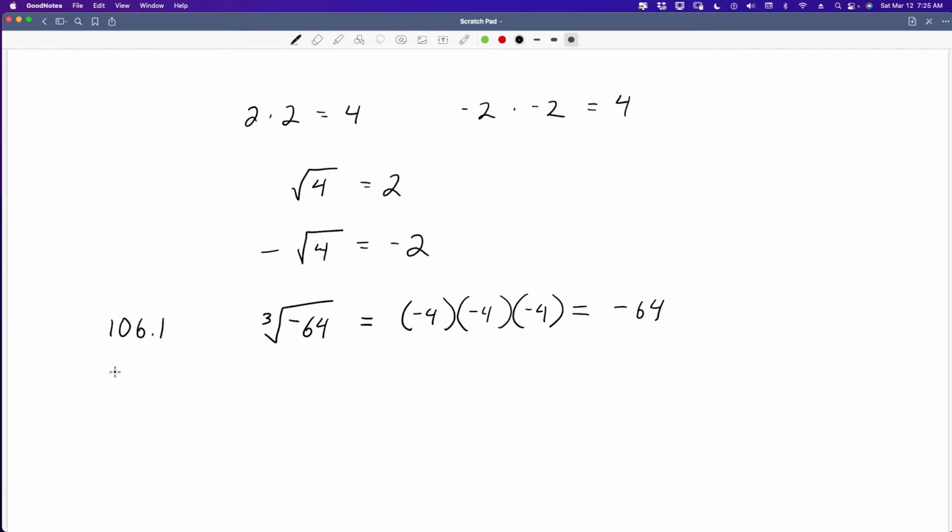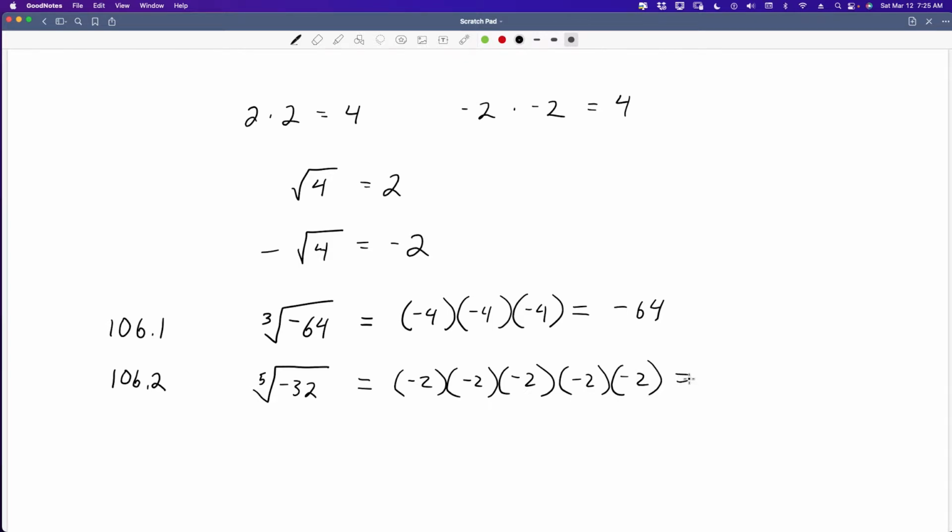Let's try 106.2. So here we have the fifth index of negative 32. And we know that we can multiply negative 2 five times, and that's going to give us a negative 32.